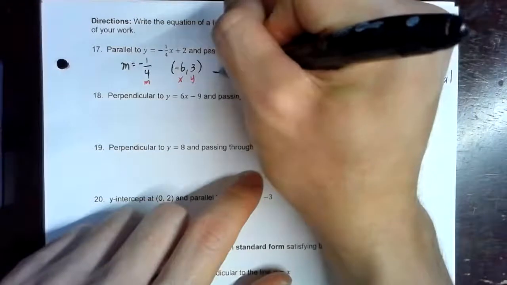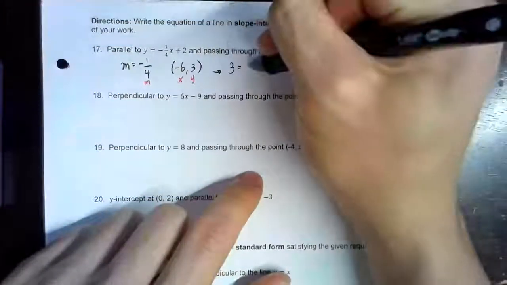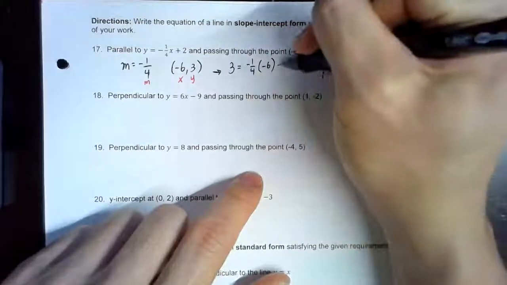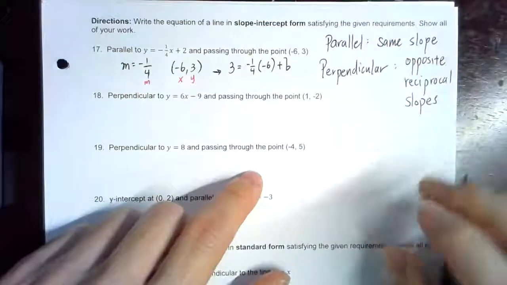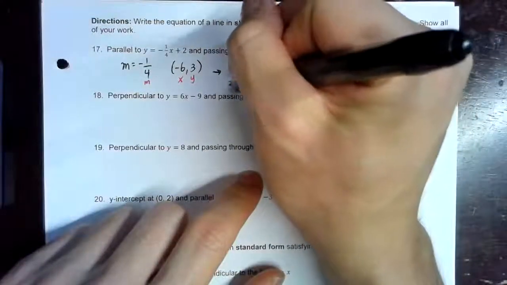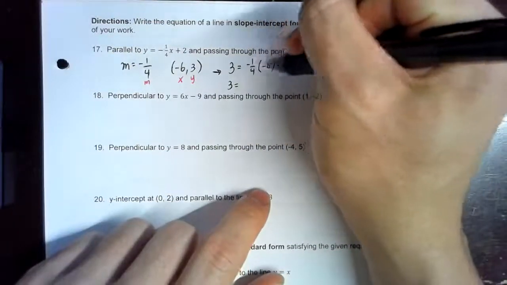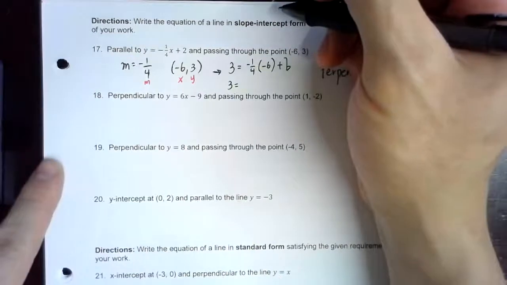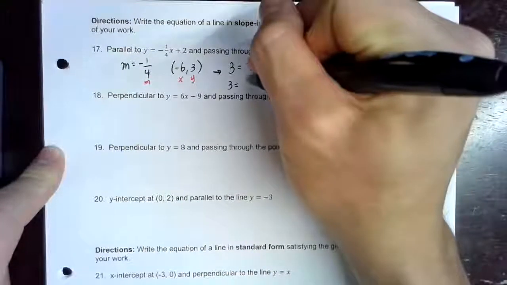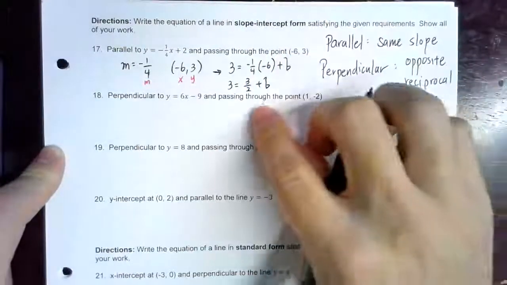If I plug it into slope-intercept form, I get 3 is equal to negative 1/4 times negative 6 plus b. Make sure your b and your 6 don't look exactly the same. Negative 1/4 times negative 6 is 6/4, which is positive 3/2, plus b.